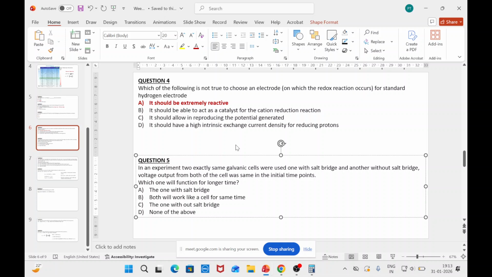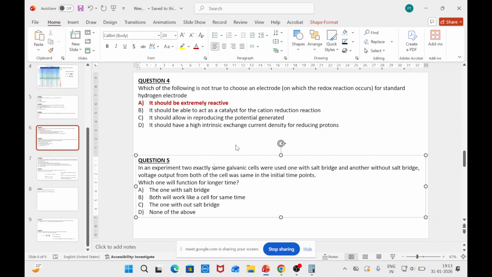Initially, when they measure the voltage from both cell 1 and cell 2, with the bridge and without the bridge, the voltage output is the same. Which one will function for longer time? The one with the salt bridge, both will have the same lifetime, or the one without the salt bridge? None of the options is not true, so that's just added to make it four options. So among the three, which one is correct?